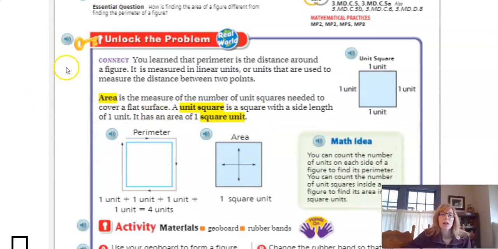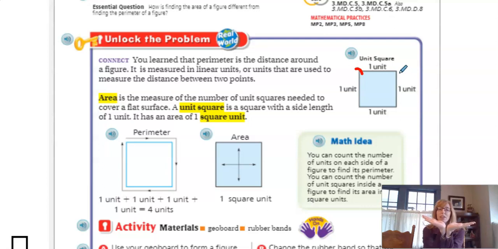So it says, unlock the problem. You learn that perimeter is the distance around a figure. It is measured in linear units, which is what our video showed us, that if you took the outside of the square, and remember he said if you cut it right here, and then you made this all flat, you unraveled it, okay?